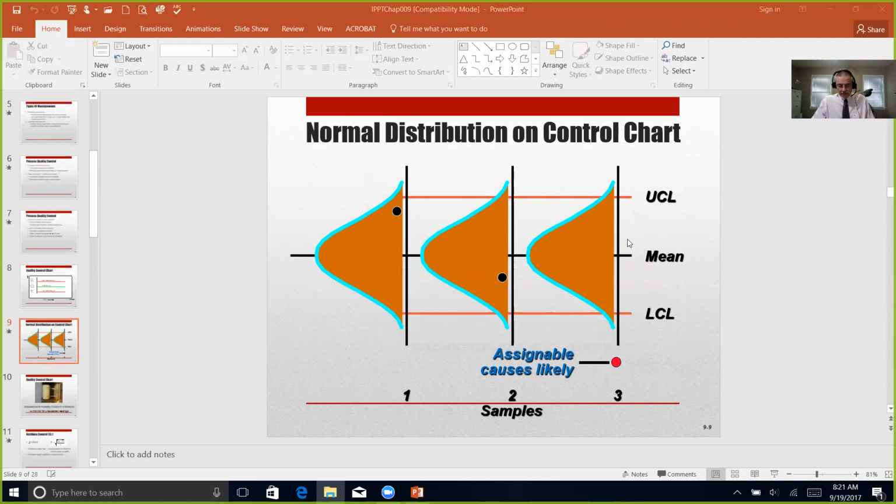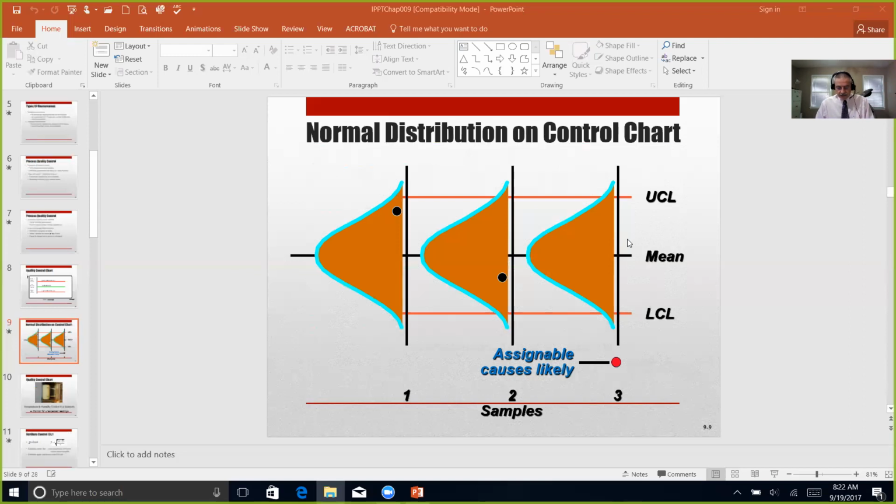So these assignable causes have a multitude of reasons that cause us to fall outside of our control limits. And when we identify those control limits, what we want to strive to do is bring the process back under control without completely changing the design of the process, but making those minor corrections that are going to keep us within our control limits.